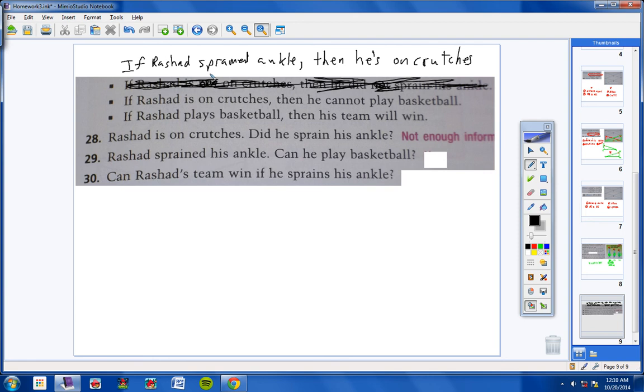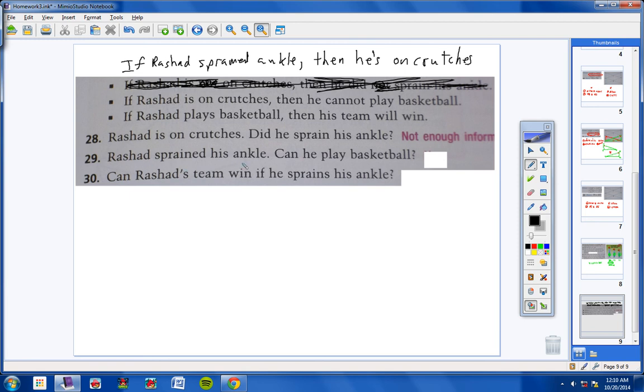If he sprains his ankle, we know he'll be on crutches, and that's pretty normal. But if he's on crutches, he could have torn his knee. He could have messed up his calf muscle. He could have sprained his ankle. He could have broken a toe, okay? So Rashad is on crutches. Did he sprain his ankle? We don't know.